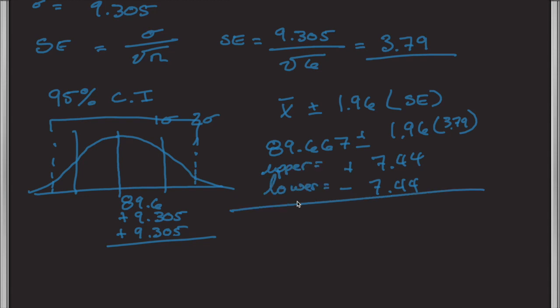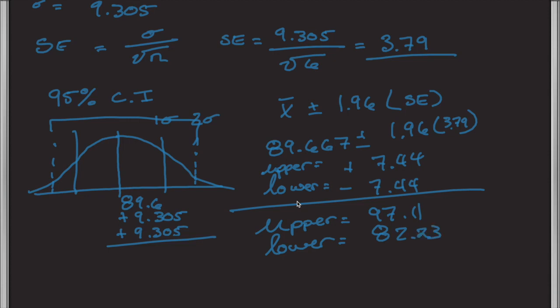So now all we do is take that 89, add that 7.4, and we end up with an upper range of 97.11 and a lower range of 82.23.